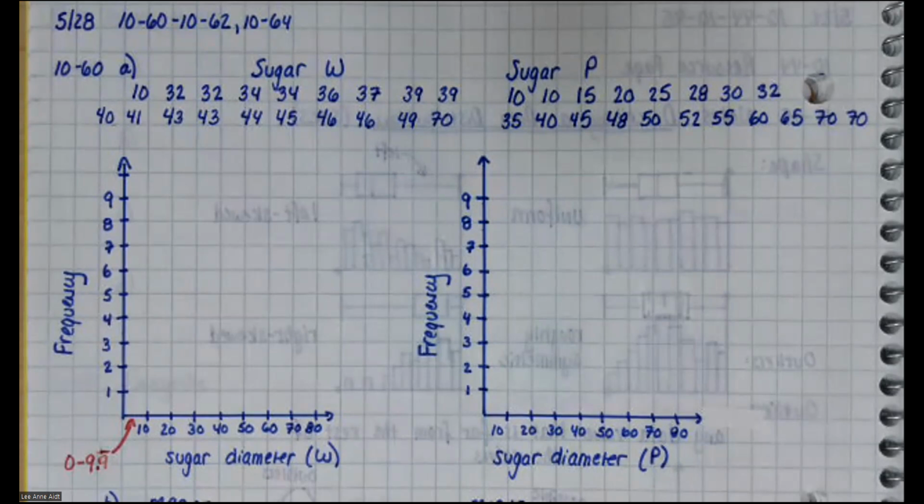Hey guys, so today, I know it's a lot. But it reviews basically everything that we've learned from stats so far. It's a comparison of two different sugars. I'll review the problem in a minute.